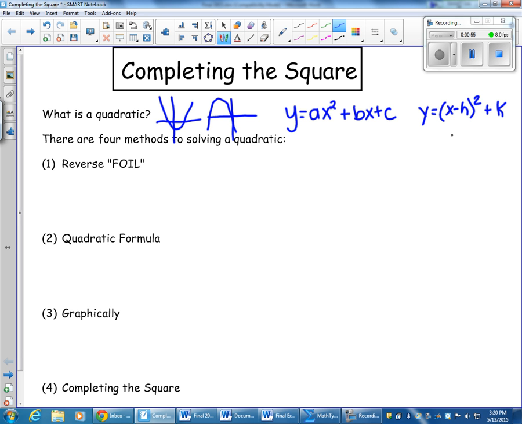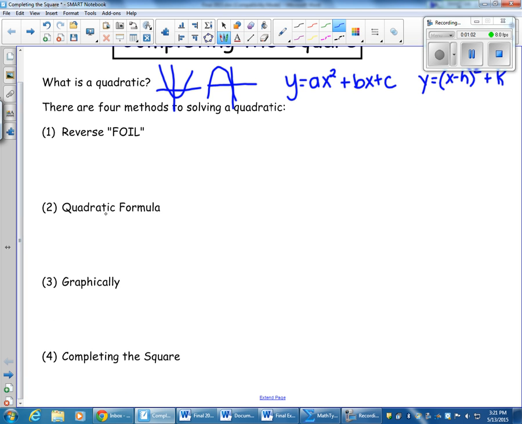So there's four methods that we have to solve quadratics. The first one is factoring or reverse FOIL. So if we had y equals x squared minus 3x minus 4, we can factor it.